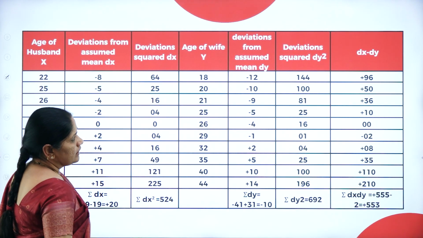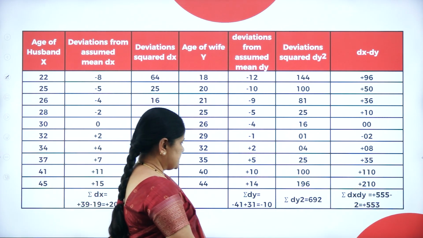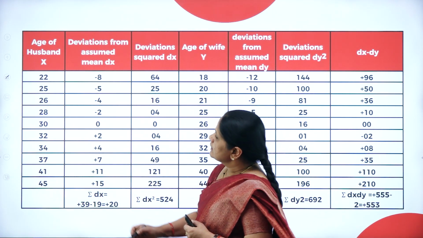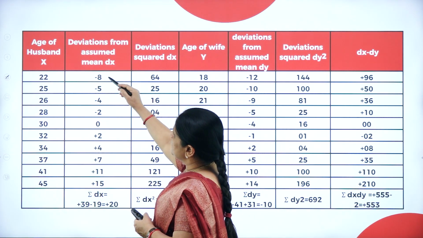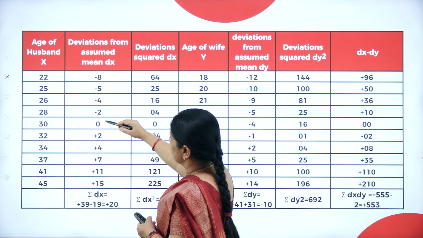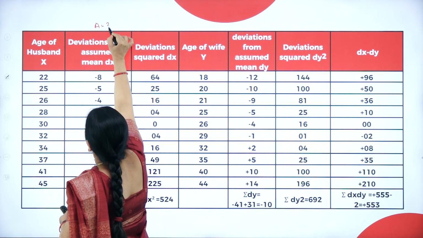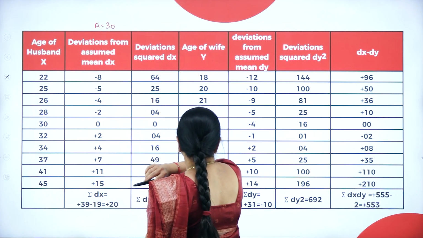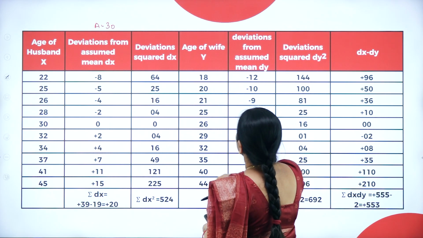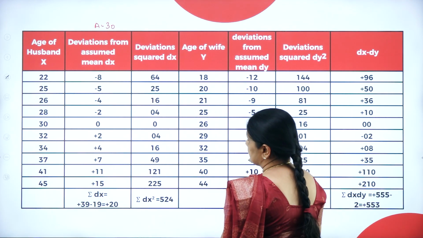We have the table here, with the deviations from the assumed mean. What is the assumed mean here? Assumed mean A equals 30, and for y also it is 30.